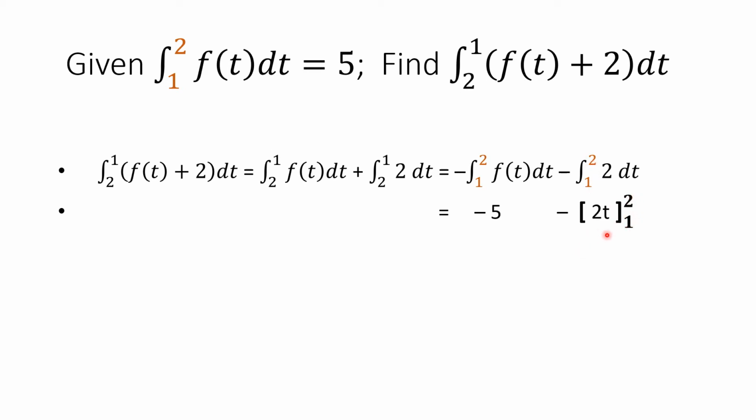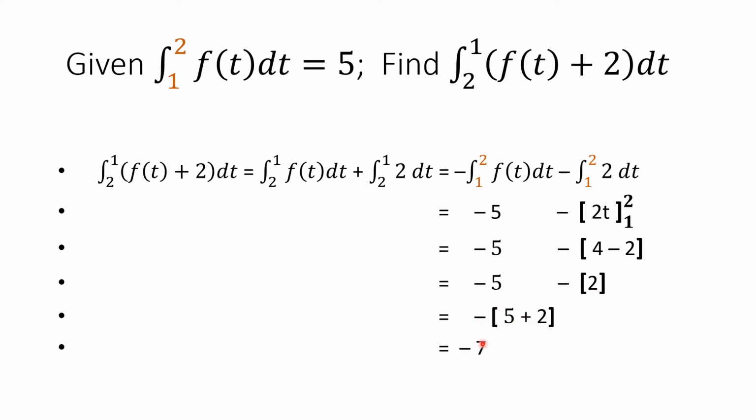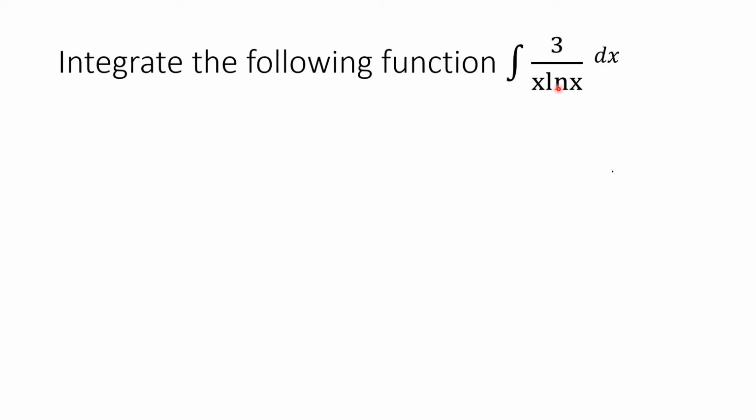If we do the math, we plug in 2 instead of t, and then minus plugging 1. That will give us 4 minus 2, and the ultimate answer will be negative 5 minus 2, and that will give us negative of 5 plus 2, which is equal to negative 7.